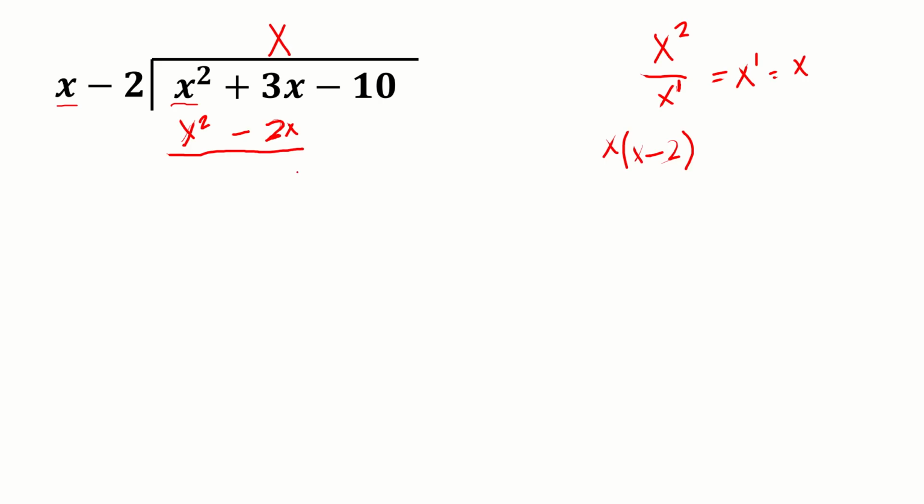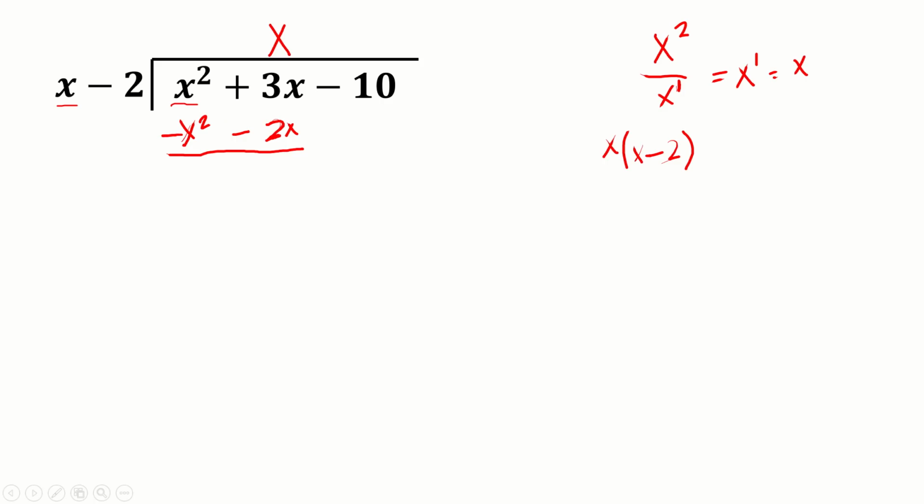Tapos, after mag-multiply is ima-minus naman natin. Alam natin that when we are subtracting polynomials or when we are subtracting integers or signed numbers, ang kailangan gawin is to change the sign of the subtrahend. Now, pagdating dito, asan si subtrahend? Si subtrahend ay yung nasa ilalim, yung kulay red. So, change the sign daw. So, from positive x squared, siya ay magiging negative.